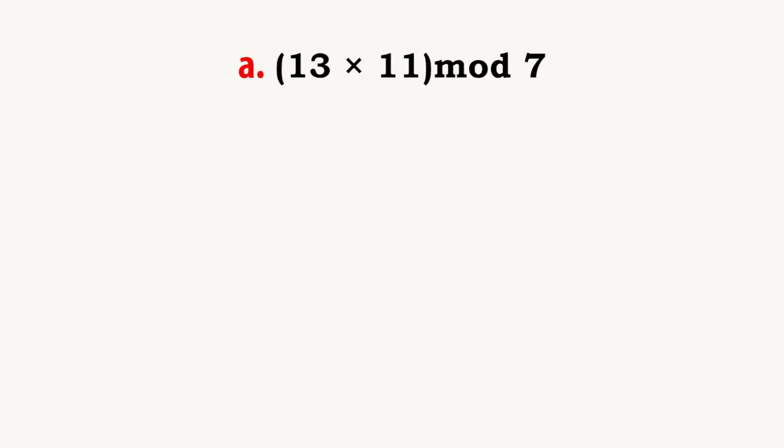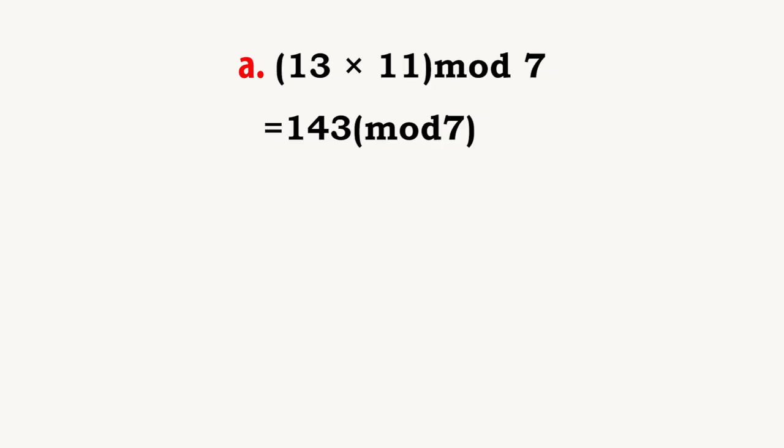Example A is 13 times 11 mod 7. We will multiply the two numbers. You can use your calculator if you are not sure of your multiplication. And that gives us 143 mod 7.